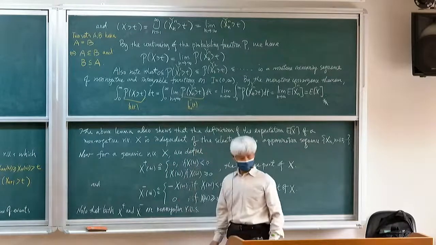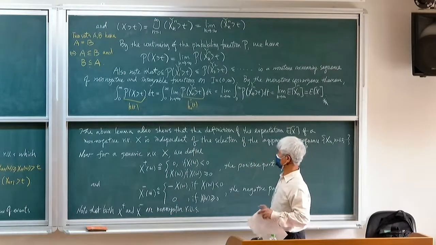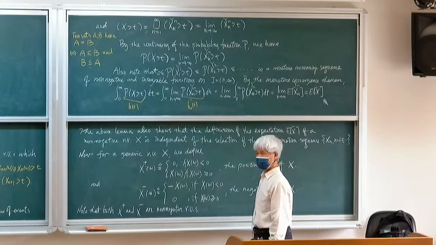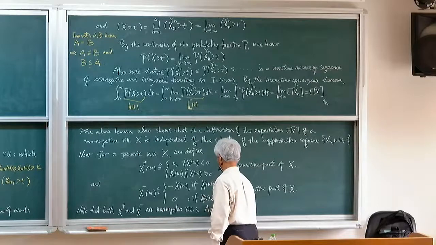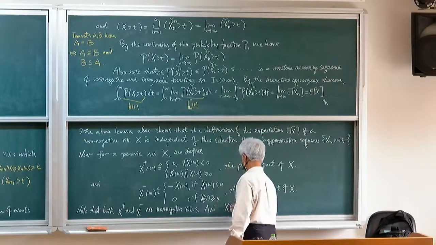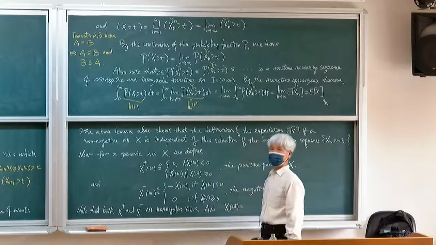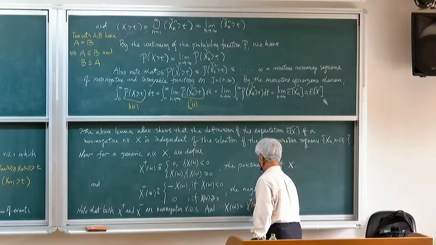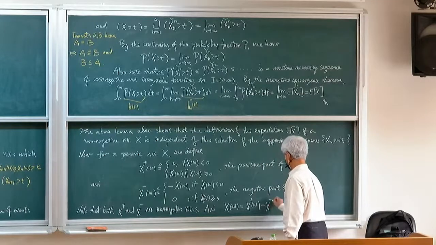And the original random variable is actually the positive part minus the negative part.